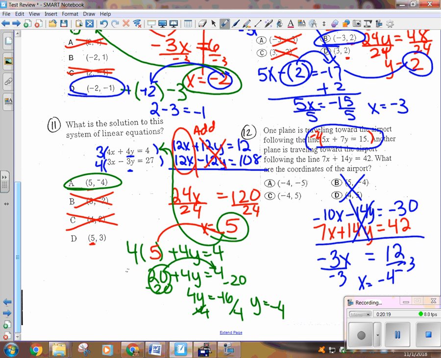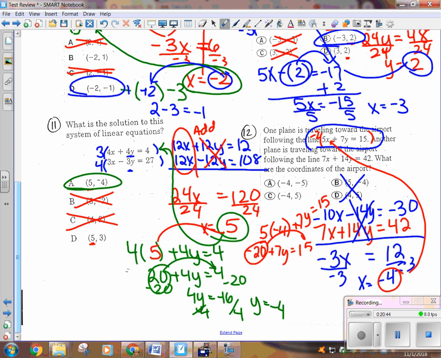Now, I'm going to put this back into one of the original equations. I usually go to the first equation, so I'm going to put a negative 4 in for X. So 5 times negative 4, plus 7y, kind of run out of space here, Penny. It's going to be negative 20 plus 7y is equal to 15.